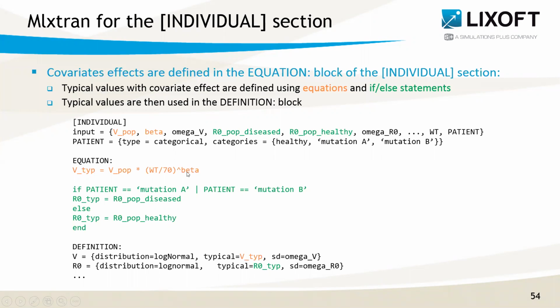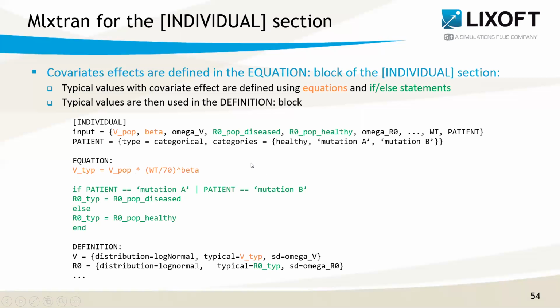The beta will be a population parameter that needs to appear in the input. And then this V_tip, I use it here as typical value when I define the distribution. So I'm going to have a log normal distribution around V_tip. So actually, I'm going to have this expression times exponential the random effects.